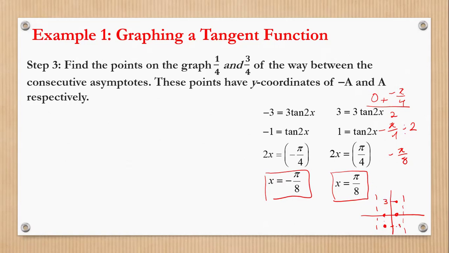To find the points, you set the equation equal to -3 and to +3, and then solve the equation to find x. And you see that we get pi/8 and -pi/8.